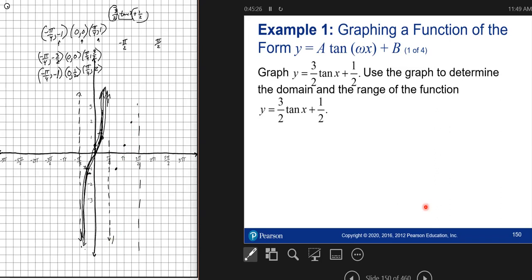And then going down here, you want to extend the graph a period below and a period above.